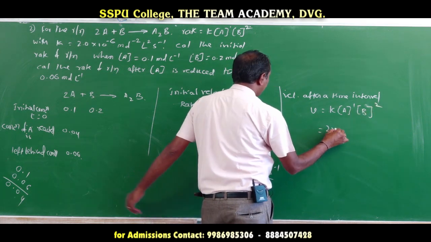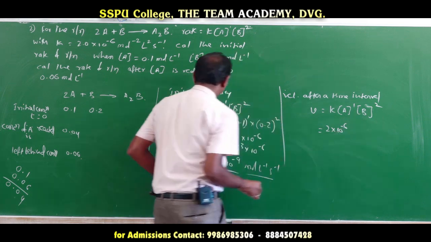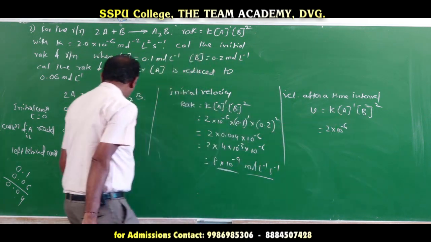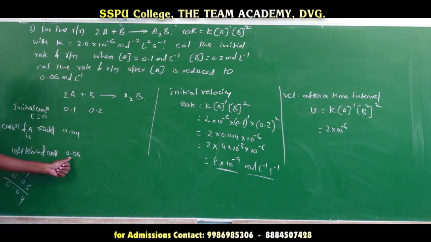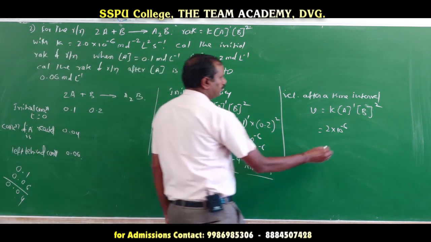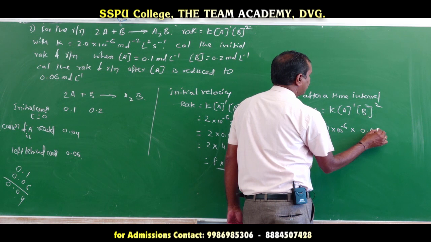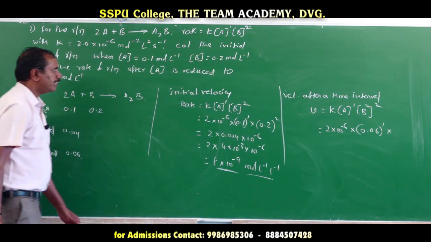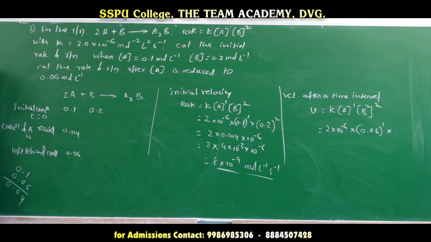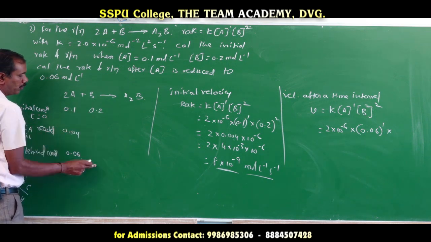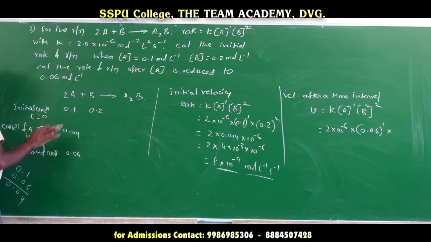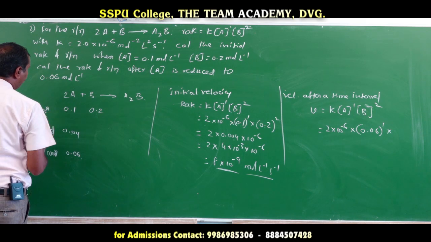K value we know is 2 into 10 to the power of minus 6. What is the concentration of A after a time interval? That is 0.06 to the power 1, into. What is the molar concentration of B after a time interval? B initial concentration is 0.2. How to find out the concentration after a time interval? If 0.1 mole of what?